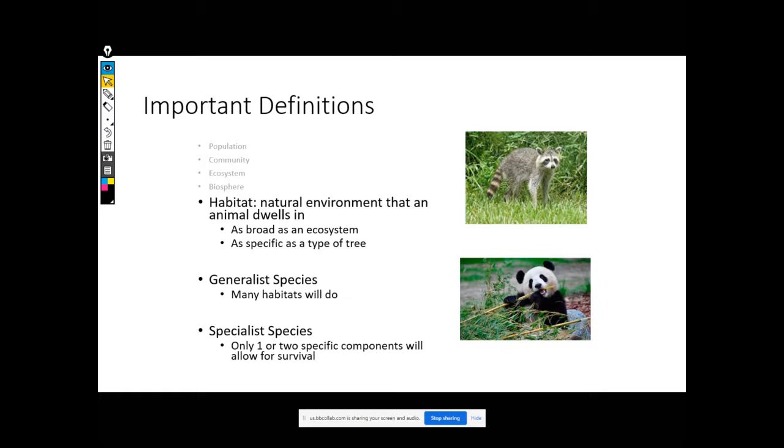So for generalist species, being more general, they can subsist in more habitats or larger habitats. Harkening back to our raccoon, they're sort of like the cockroaches of the animal kingdom. Raccoons and rats, those guys seem to be able to hack anything. Macaques are now kind of like this too, just in the eastern half of the world where they live.